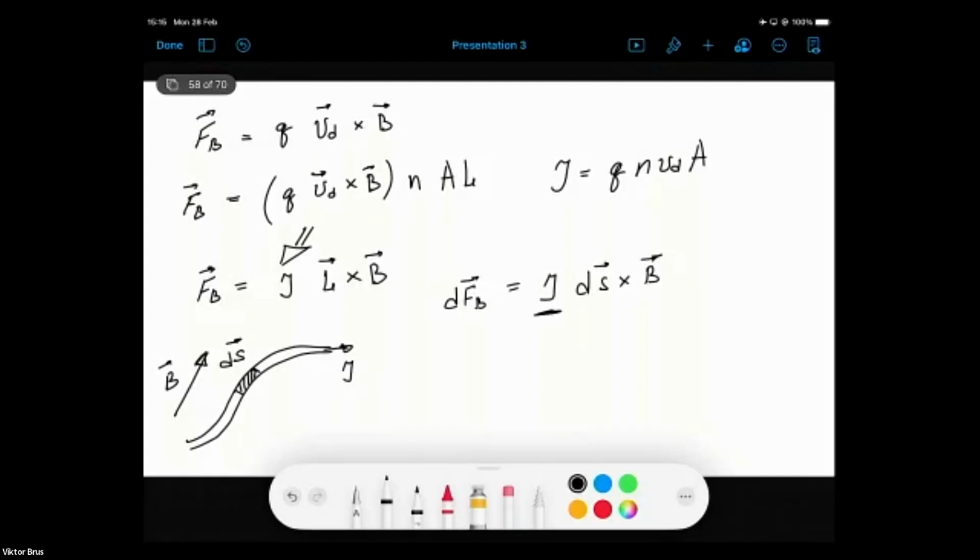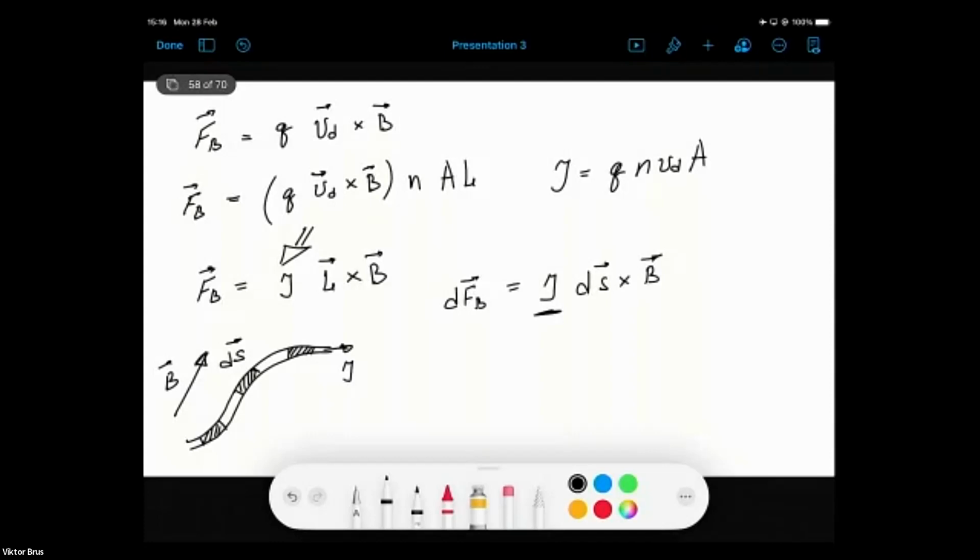So it actually doesn't matter which segment of this conductor we consider, the magnitude of electric current will be the same. That's why we can use it as just a coefficient in front of this cross product of two vectors, and that will be correct.